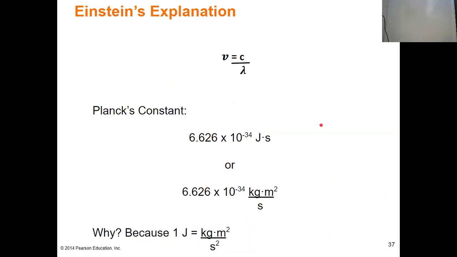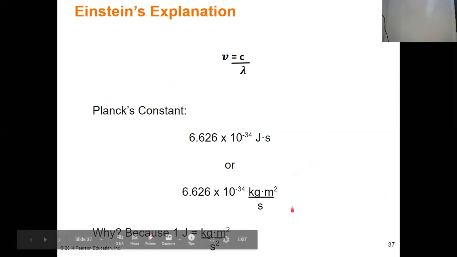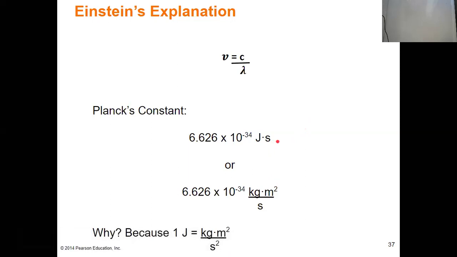So another unit that Planck's constant has is kilograms times meters squared divided by second. These two things are the same value written in slightly different ways, but it's very important to be able to use them interchangeably depending on the information that you're provided with.